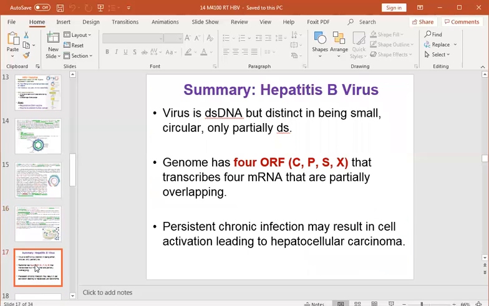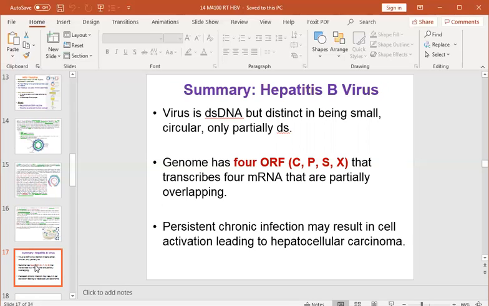Slide number 17, the summary. Hepatitis B virus is double-stranded DNA, but it's very unique because it is small and circular and only partially double-stranded. The genome has 4 open reading frames, C, P, S, and X, that transcribe 4 messenger RNAs that are partially overlapping.